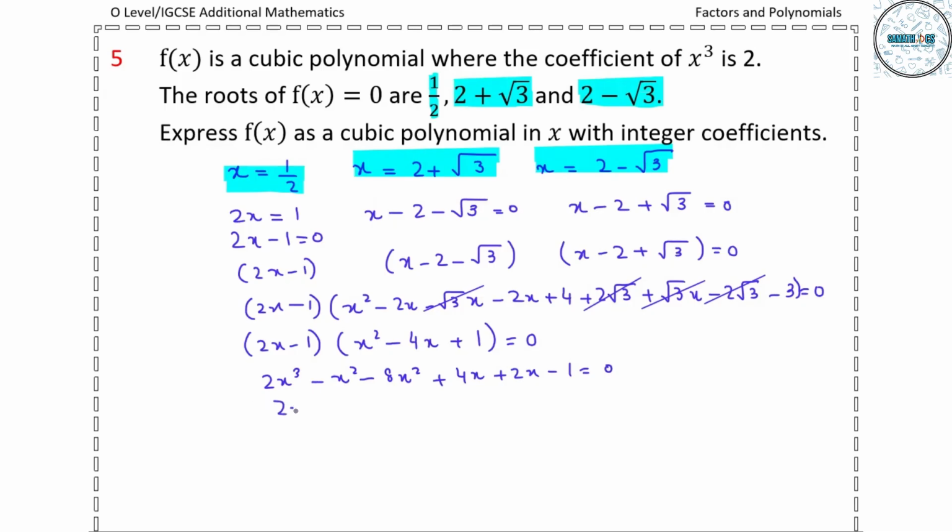So 2x cubed minus 9x squared plus 6x minus 1. So f of x is equal to 2x cubed minus 9x squared plus 6x minus 1, where 2 is the coefficient of x cubed.